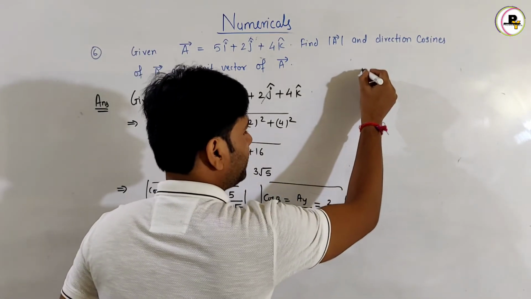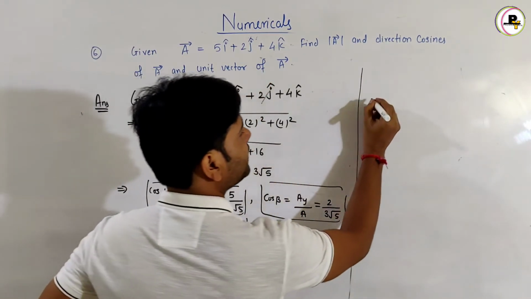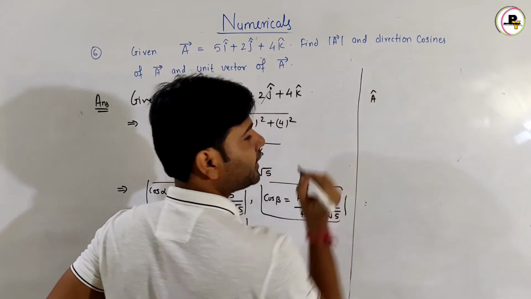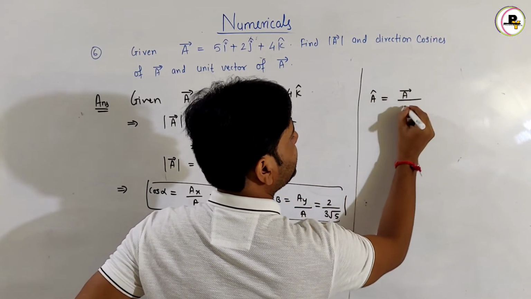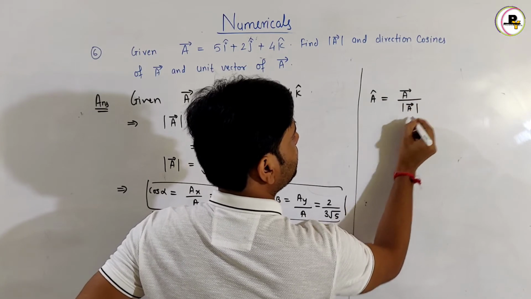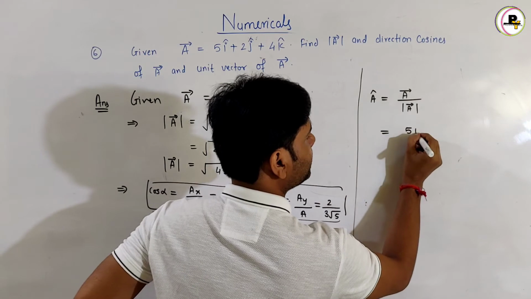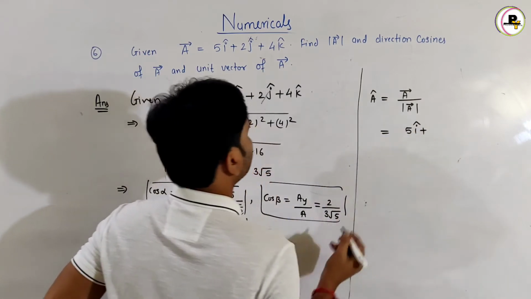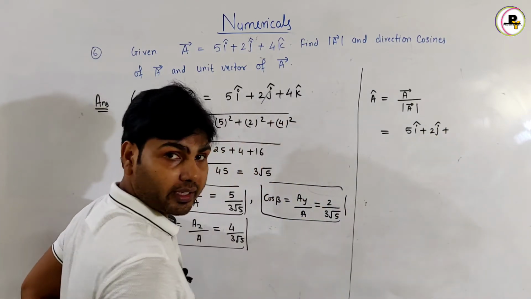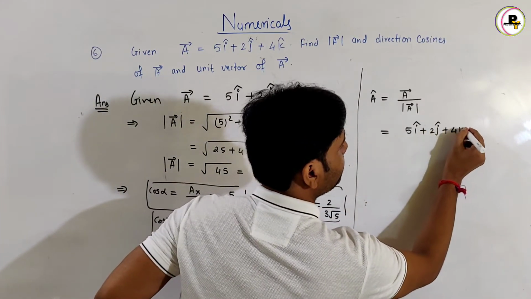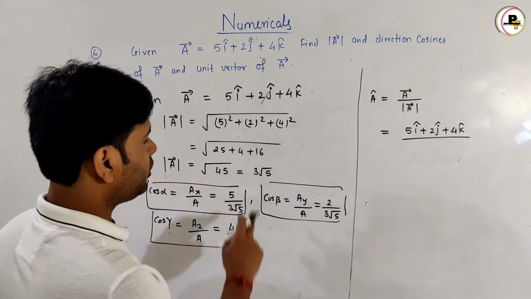Now next, what we have to find? We have to find unit vector of a vector. So unit vector of a vector can be represented by a cap, and this can be given by vector a upon its magnitude. So what is vector a? It is 5i cap plus 2j cap plus 4k cap, and this is divided by mod of a vector, and mod of a vector is what?